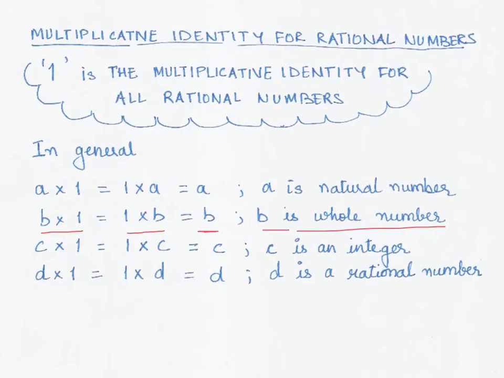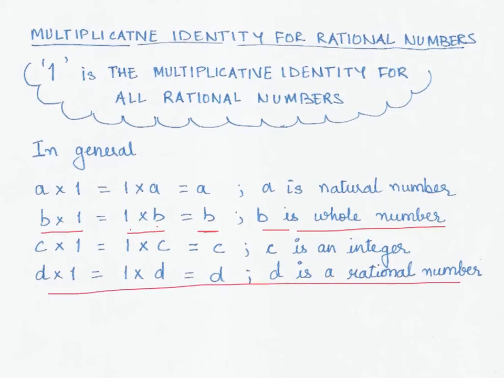Multiplying b by 1 does not make any change to the original whole number b, and therefore we say that 1 is a multiplicative identity for whole numbers. The same thing applies for rational numbers as well.